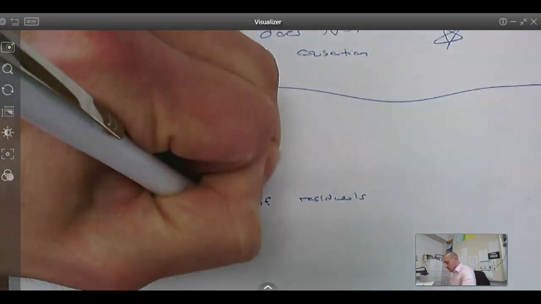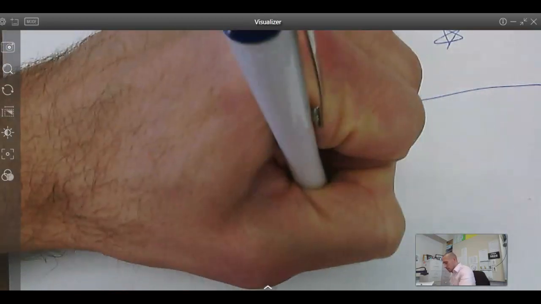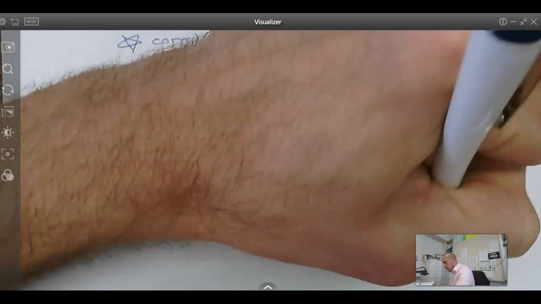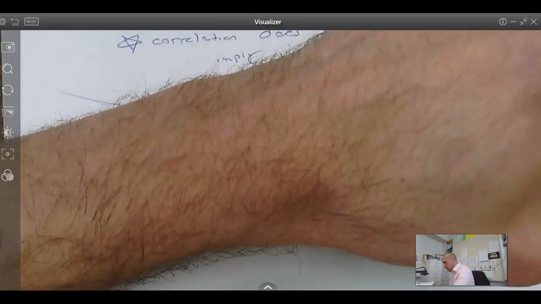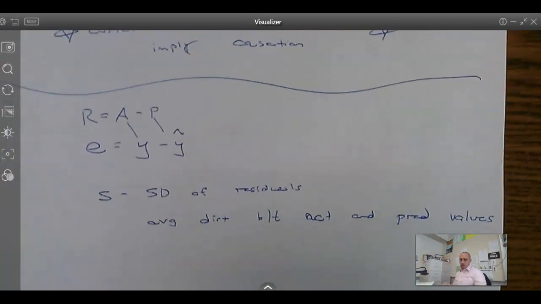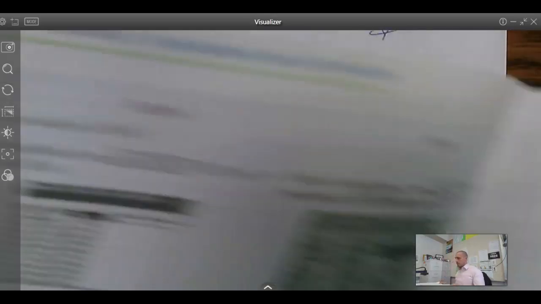So this is going to be the average distance between the actual and predicted values. We want to have a smaller standard deviation, more precise estimates. That's ideal. Depends on the context, but that's what we would want. That would mean it's a better fit.